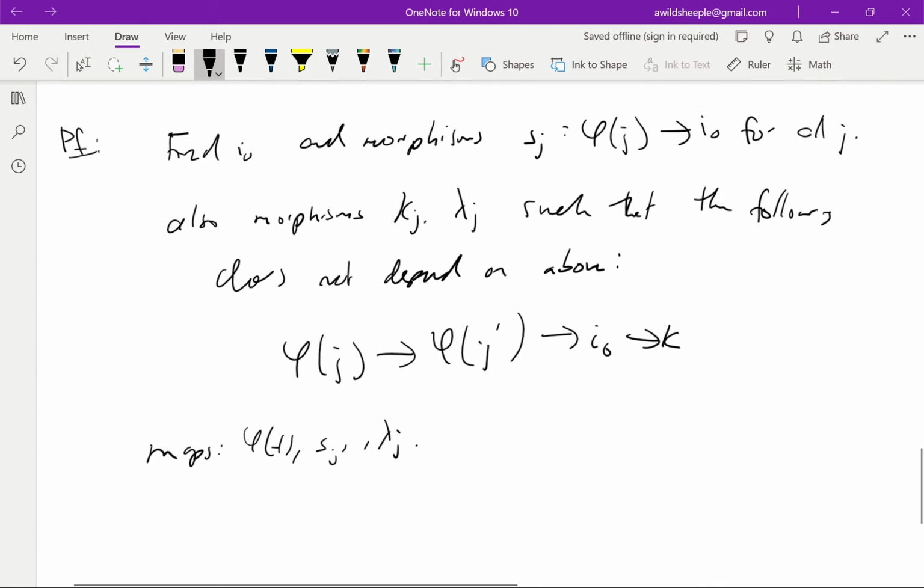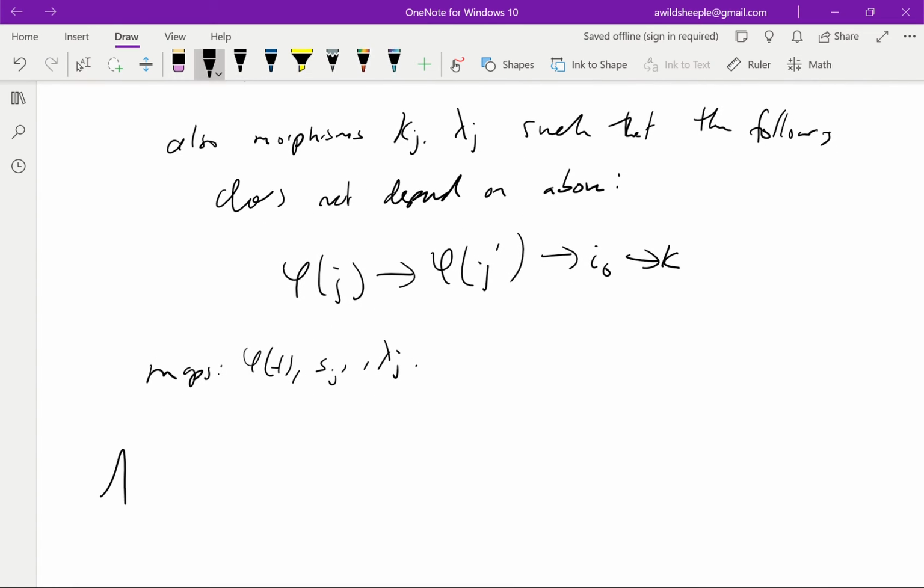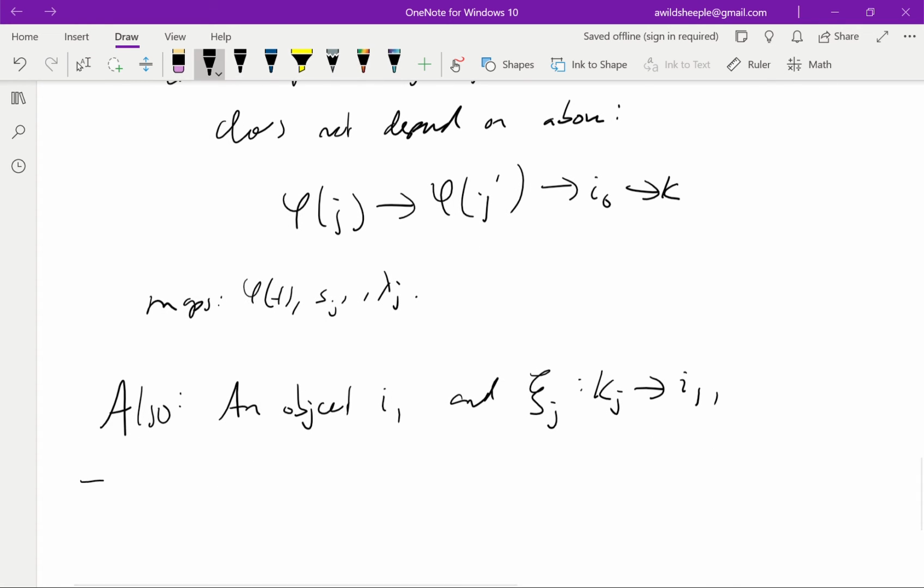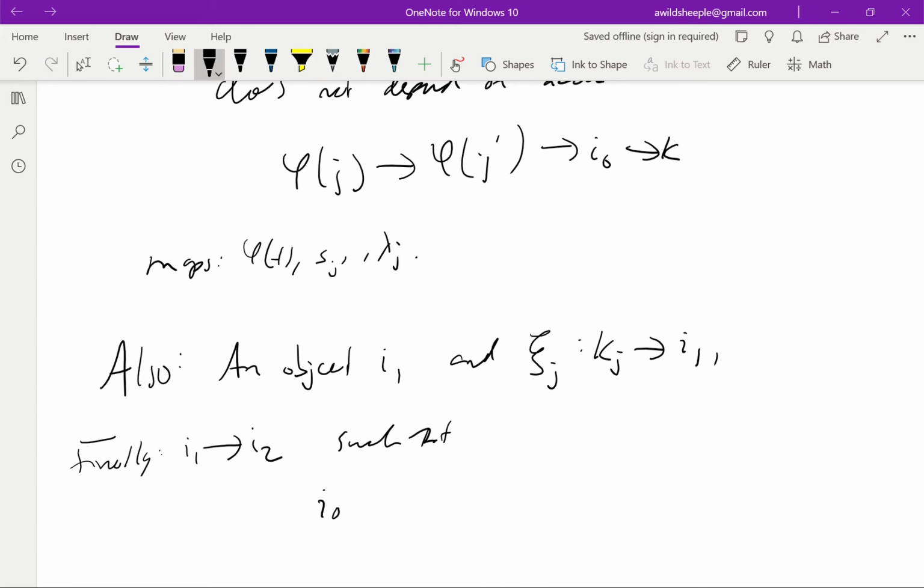Now there's also an object I1 and a morphism which we could call Cj, which goes Kj to I1. And finally, a morphism I1 to I2, such that we have the chain I0 to Kj to I1 to I2, and none of this depends on j.